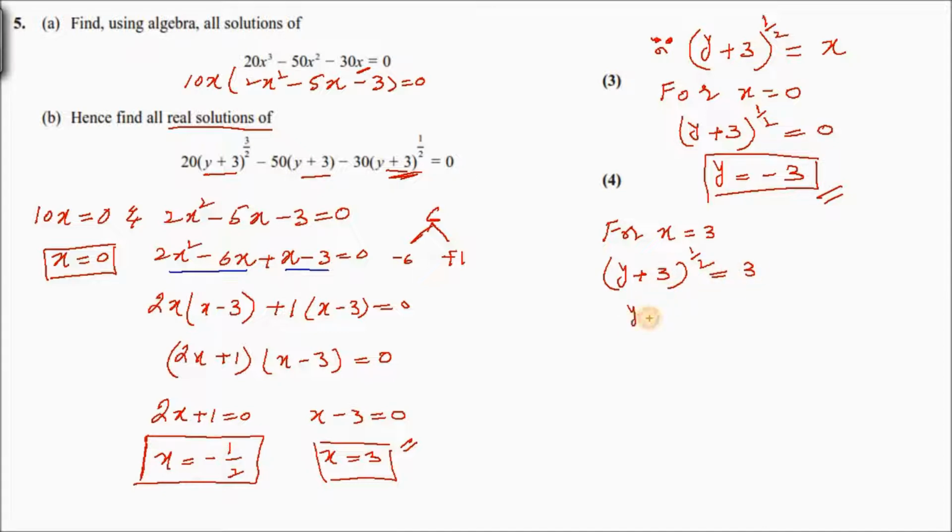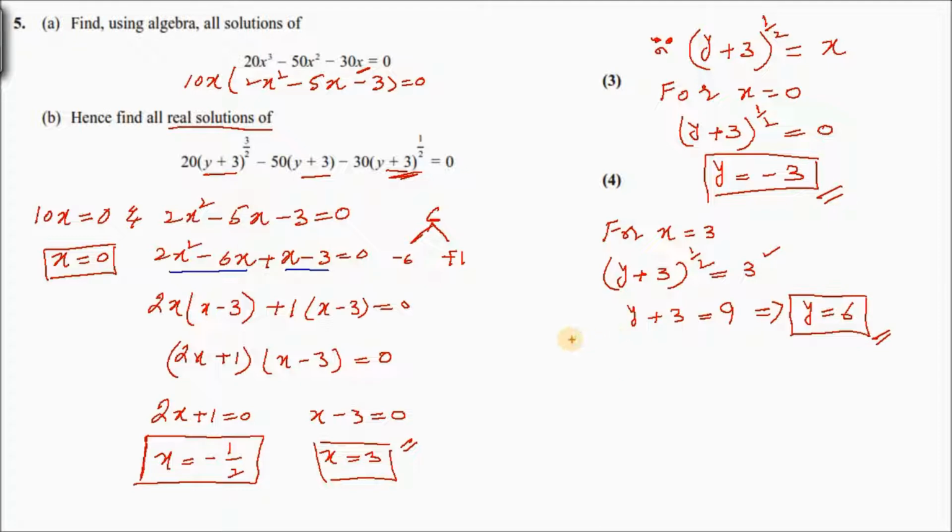So y plus 3 is equal to 9, and then y is equal to 9 minus 3, which is 6. And again, if you recheck your solution by substituting y equal to 6 in the given condition, 6 plus 3 is 9, to the power half is root 9, which is 3, so it is satisfied. So y equal to 6 is our second solution.